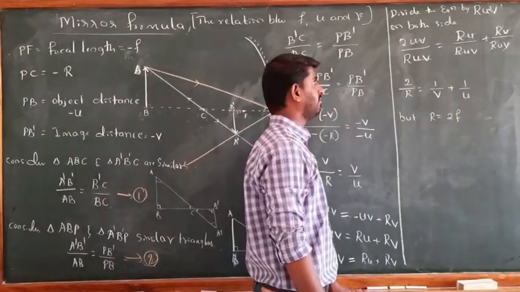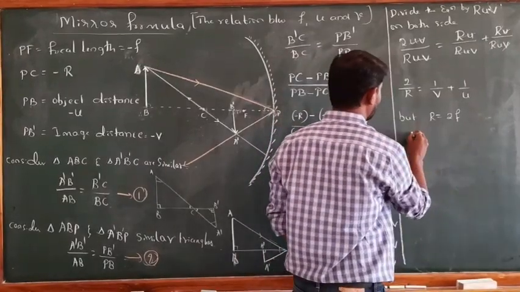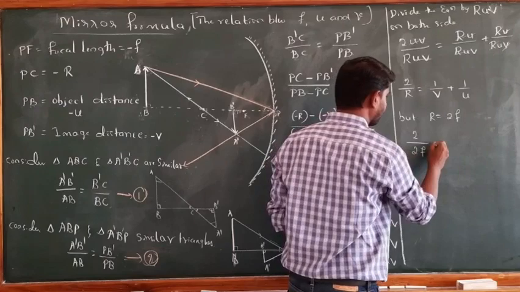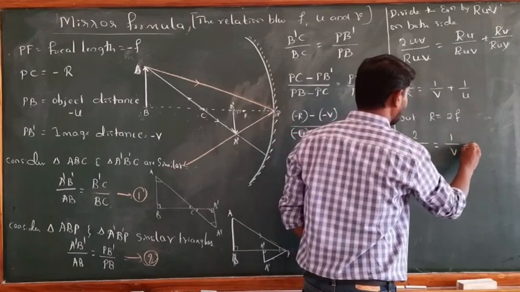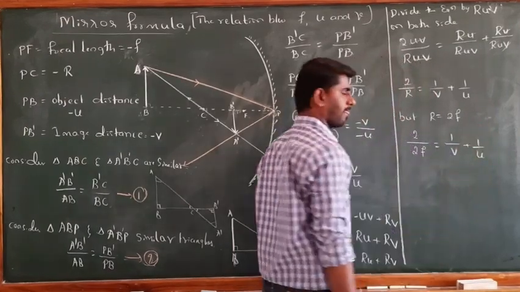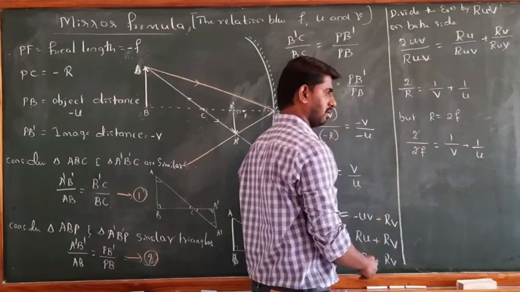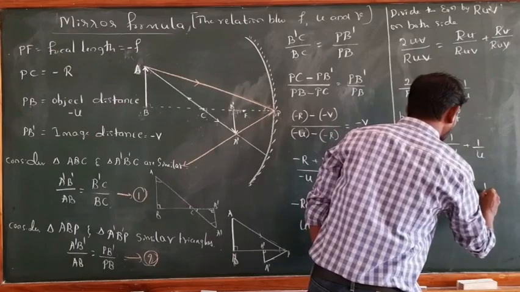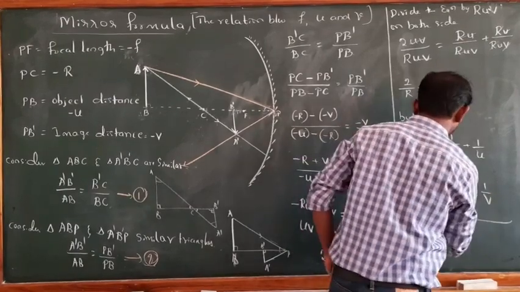So again I put 2 as it is, instead of R I write 2F, equal to 1 by V plus 1 divided by U, right? 2 cancel. Now I can write 1 by F equal to 1 by U plus 1 by V.